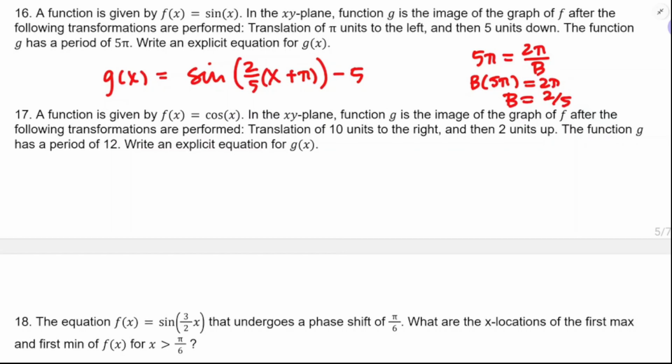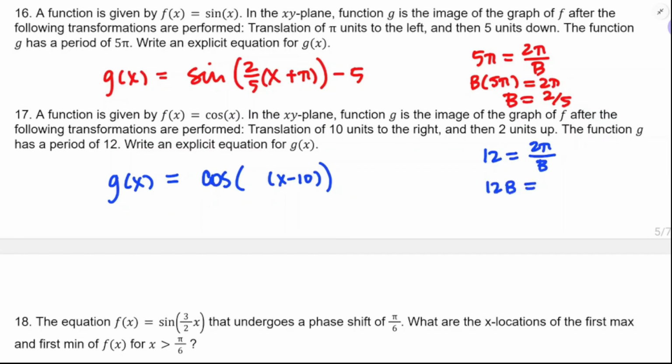Okay, yeah, that works. All right, translation 10 units to the right and 2 units up. It doesn't matter what order we do those in, though. So g is going to equal, okay, no discussion of amplitude, so it's just going to be regular cosine of, okay, 10 units to the right, replace x with x minus 10. Okay, the period is 12, so 12 equals 2 pi over b.